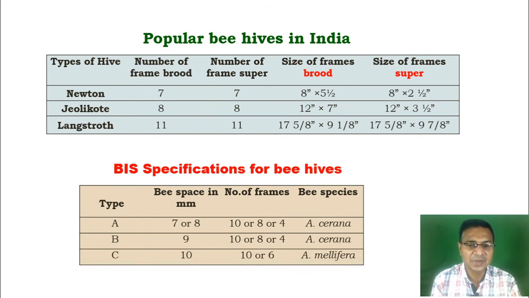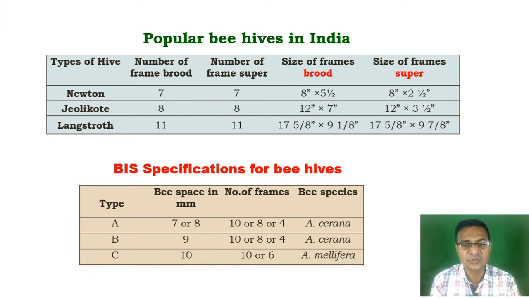Types A and B are specially used to rear colonies of Apis cerana, while type C maintains the colony of Apis mellifera.